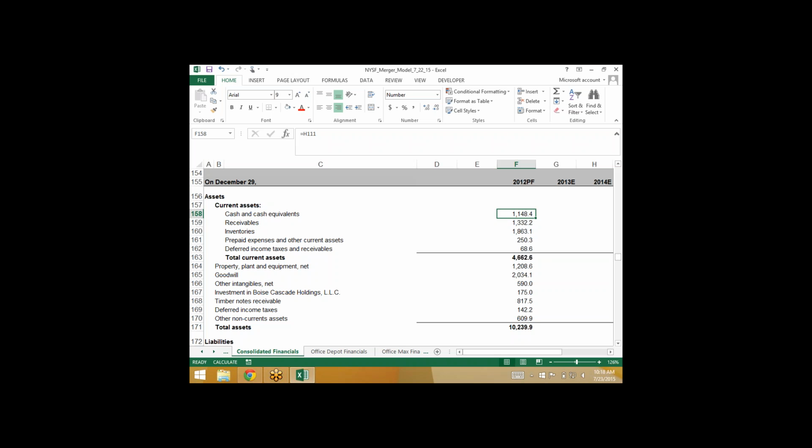Or you can watch the video from the last class; I think I put it up on YouTube. The idea is each cash flow statement line item must drive the balance sheet line item in some way: an asset, a liability, or a shareholder's equity, right?